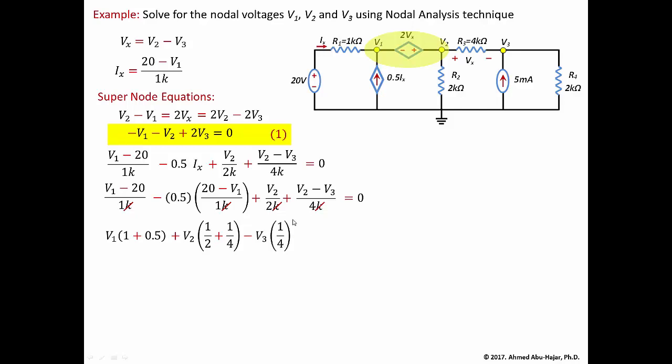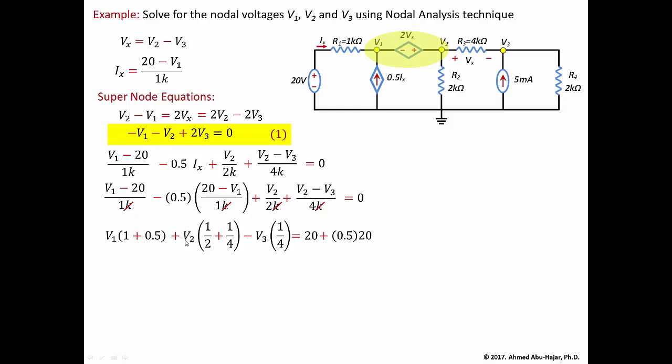And for the V3 I will have minus 1 over 4. Then we take the other numbers to the other side. Here I have minus 20, which goes to the other side as plus 20, and here I have minus 20 times 0.5, which goes to the other side as plus 20 times 0.5. Now we can simplify this equation.